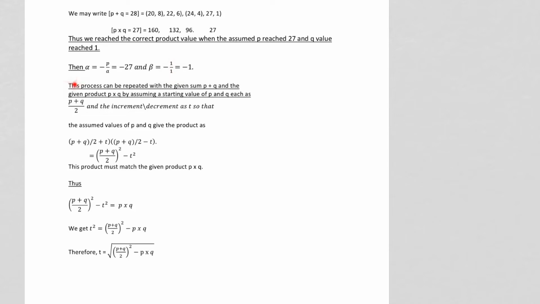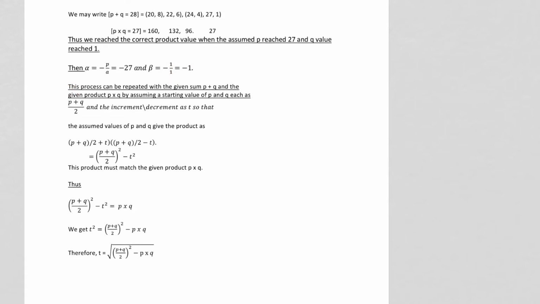Now the most important part. This process can be repeated with the given sum p plus q and the given product p into q by assuming a starting value of p and q, each as p plus q by 2.